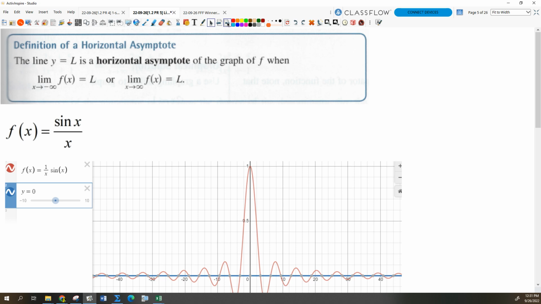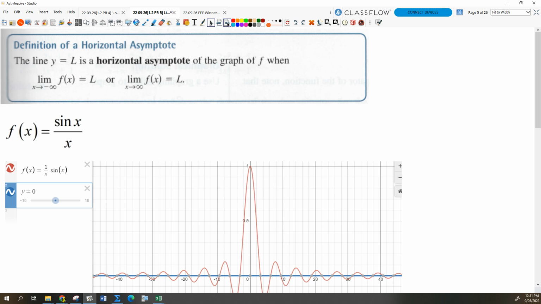So the concept here is, if we want to find horizontal asymptotes, we have to explore the behavior of the function way out at its infinite tails, infinitely far to the right or infinitely far to the left.